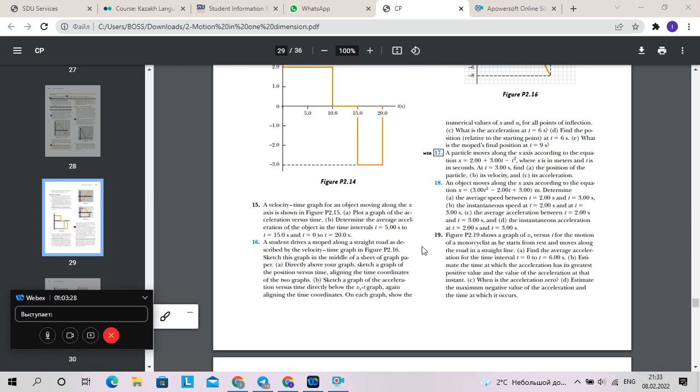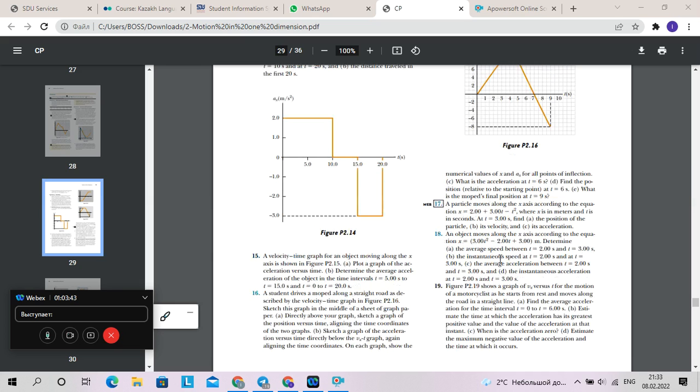A. Sketch this graph in the middle of a sheet of graph paper. Directly above the graph, sketch a graph of the acceleration versus time, aligning the time coordinates of the two graphs. B. Sketch a graph of the position versus time directly below the graph. Again, align the time coordinates. On each graph, show the numerical values of x and ax for the points of inflection. C. What is the acceleration at 6 seconds?